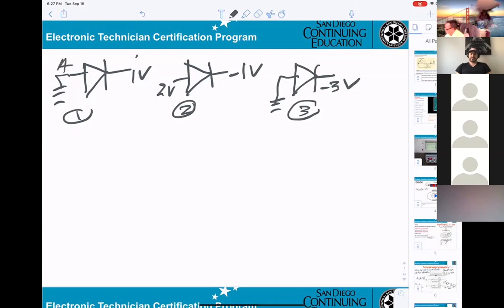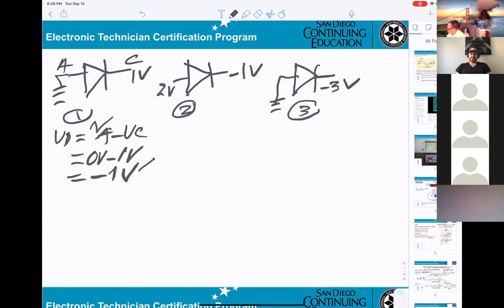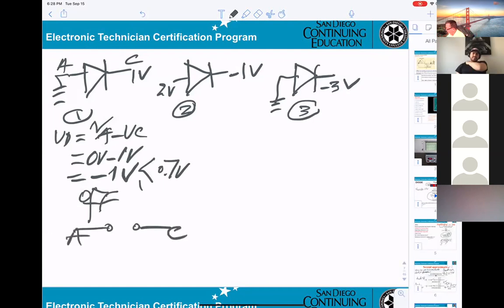A here, C here, VD equals VA minus VC, equals 0 minus 1 volt, equals minus 1 volt, less than 0.7. So they're off. That means they will be open. A here, C here. Got that?